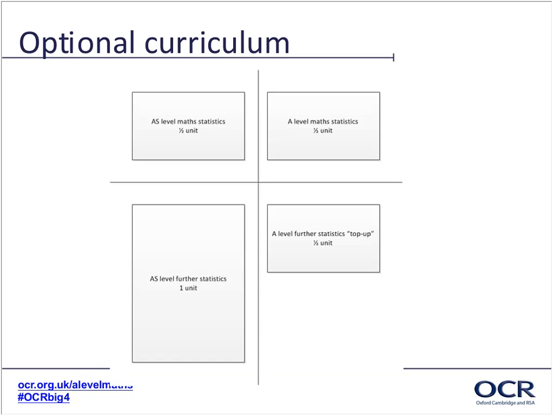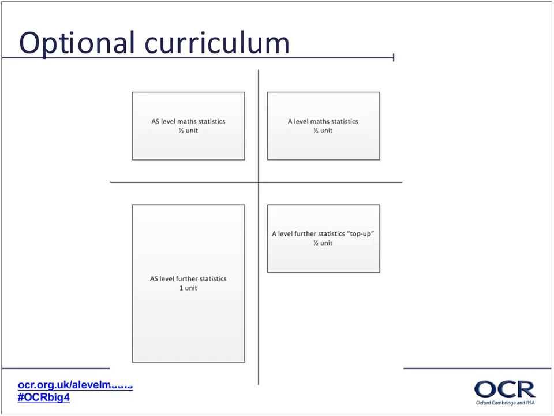So the top line here shows you that there's approximately half a current unit worth of statistics in AS level maths, and then another half a unit's worth of statistics in A-level maths. And to go alongside that, we need to have about 1 unit's worth of AS level further statistics, followed by a half unit top up of the A-level further statistics.